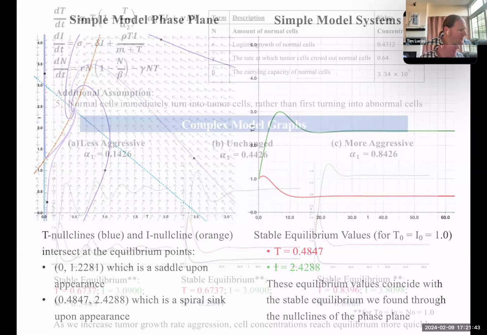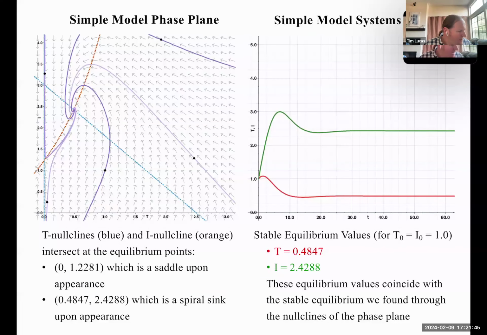And then I believe that they did do some equilibrium analysis. I don't think all of it's on this poster here, where they were able to find a spiral sink point.